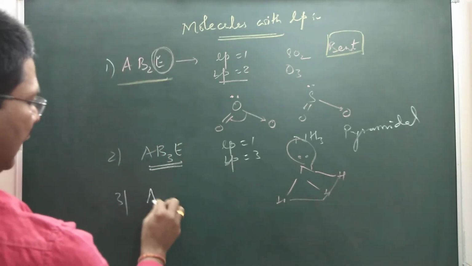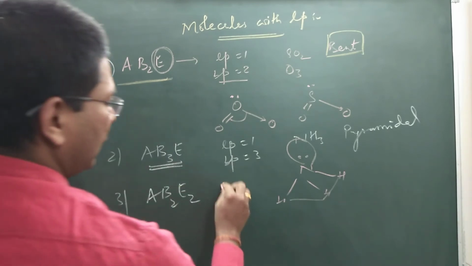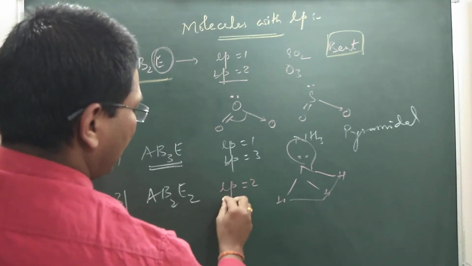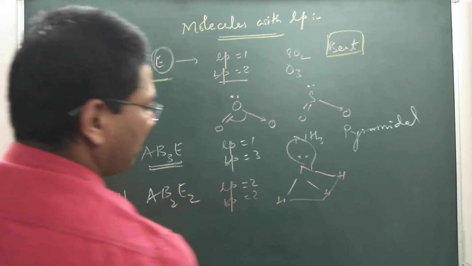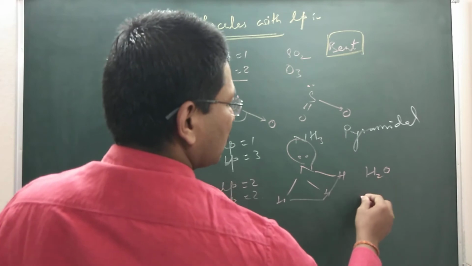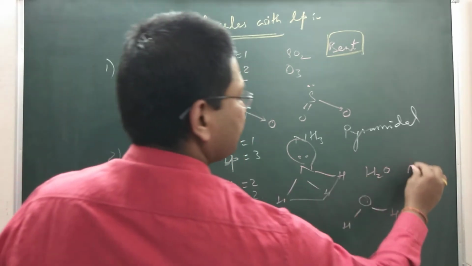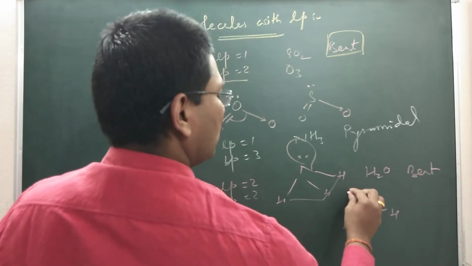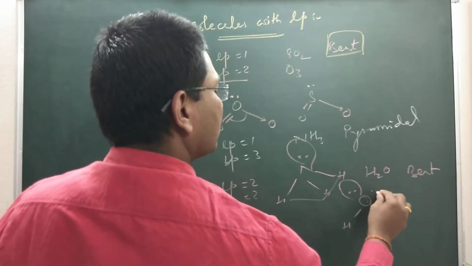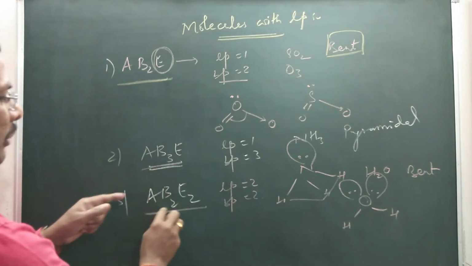Third is AB2E2 type. That means lone pairs are 2 and bond pairs are also 2. Common example is the elixir of life, that is water. If you see, it also has bent shape and 2 lone pairs are there on the oxygen atom.